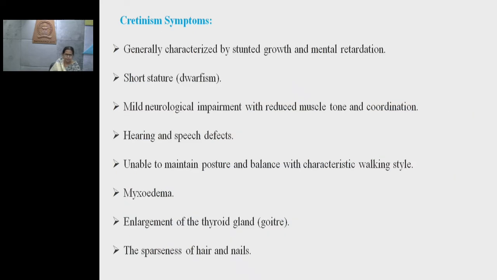Now, cretinism symptoms. It is generally characterized by stunted growth and mental retardation.